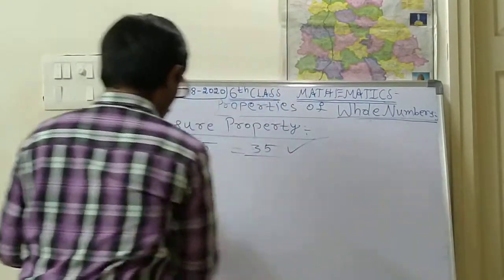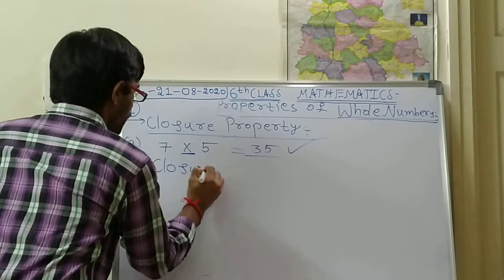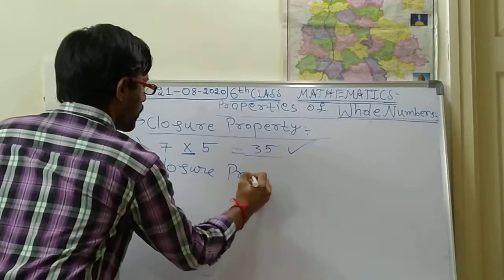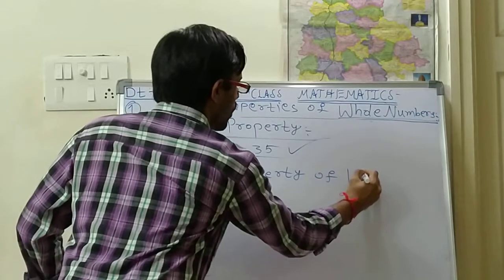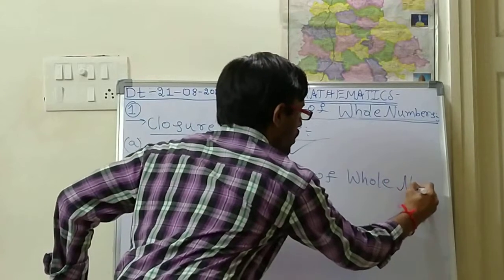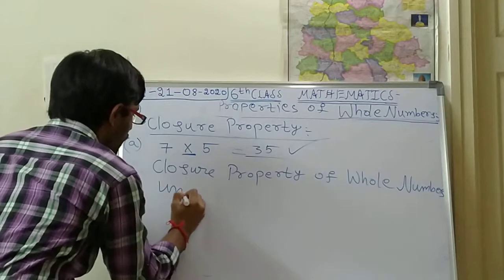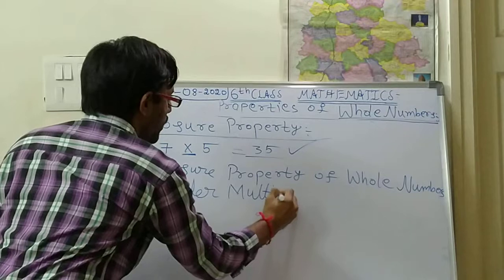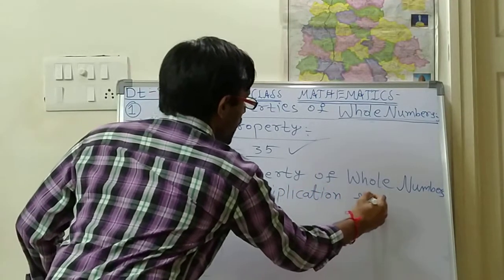If you want to write the full answer, then: therefore, closure property of whole numbers under multiplication satisfies.